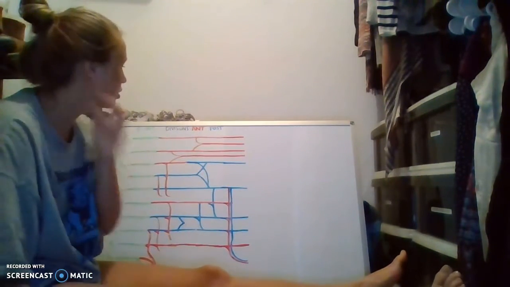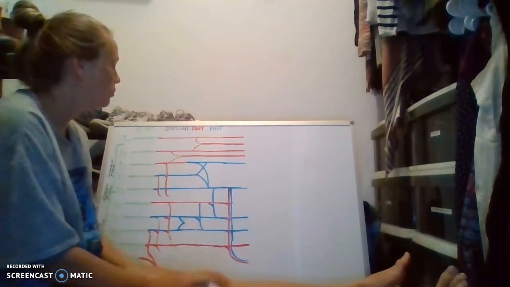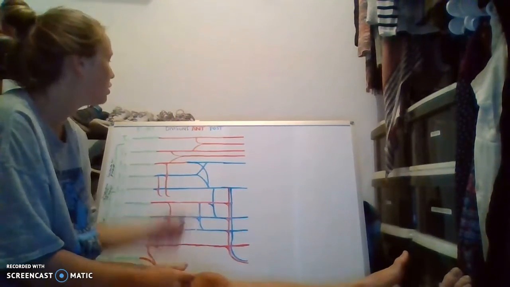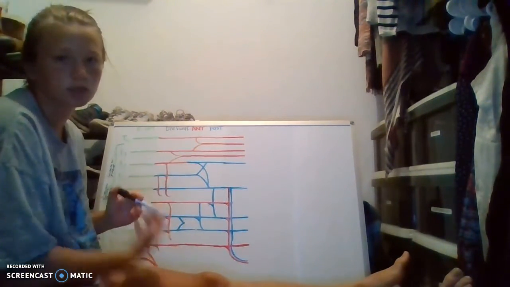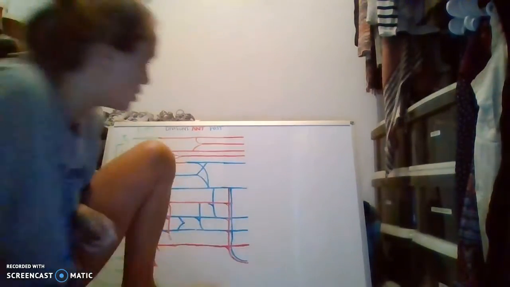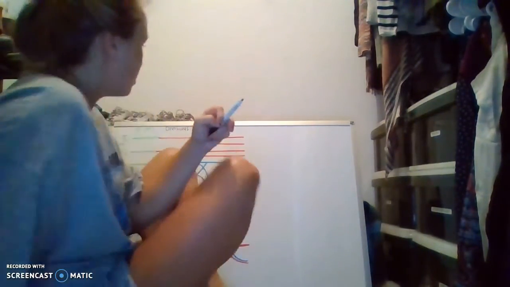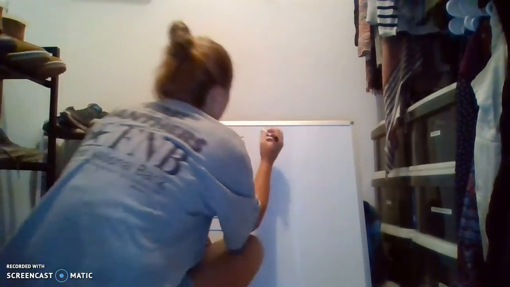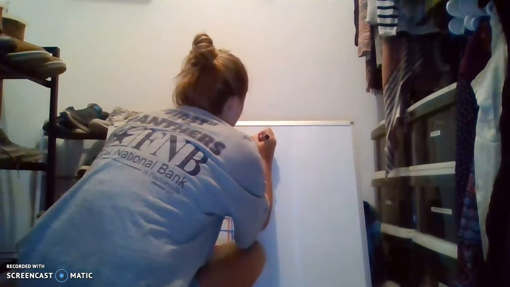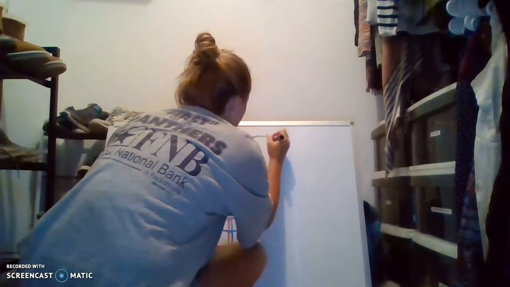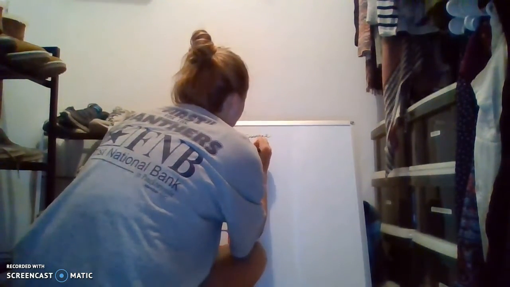Okay, now we'll go ahead and get started naming all of them. So again, the red is the anterior and the blue is the posterior. That's really important. So first we have our subcostal, which is an anterior. And then we have our iliohypogastric.